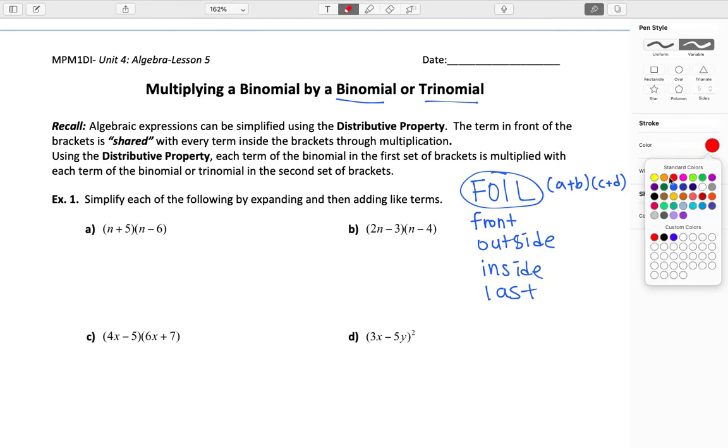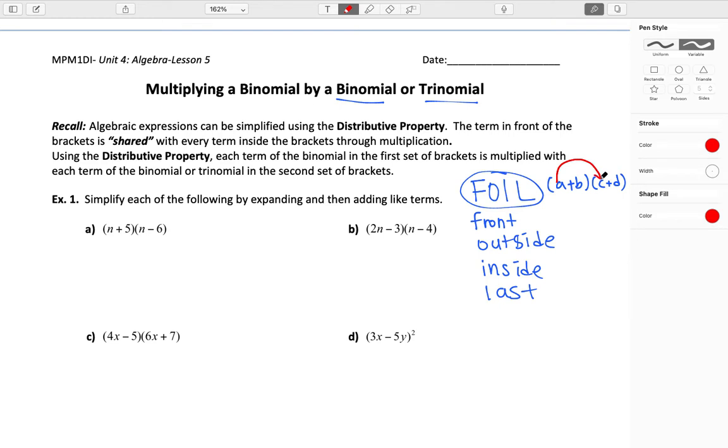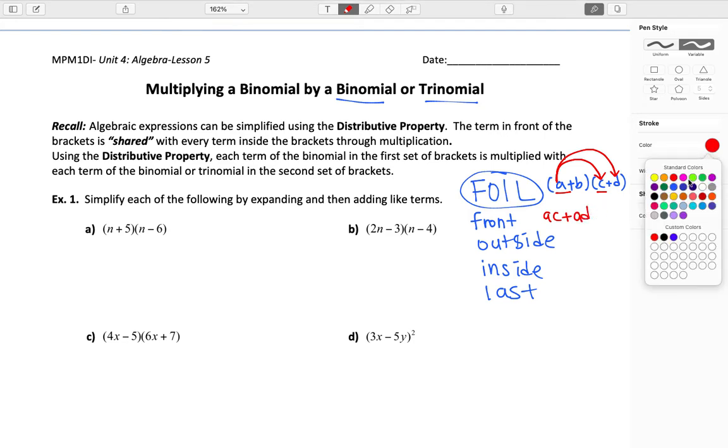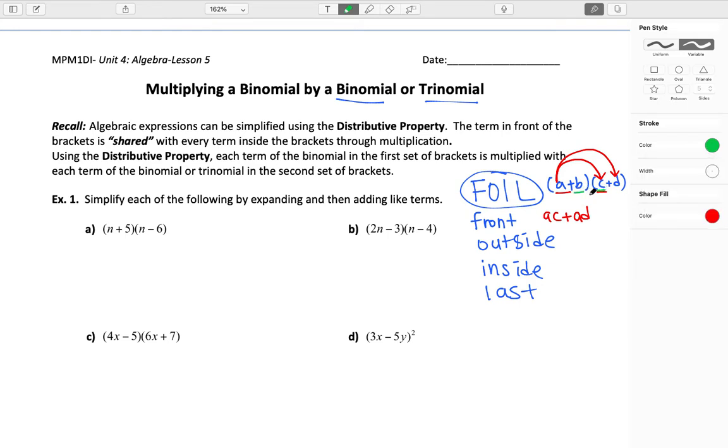So first, A is multiplying with C. So front and front, which is AC. And then front with outside, which is A times D. Next, we have inside and inside, B times C, BC.